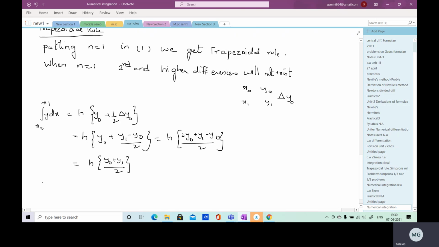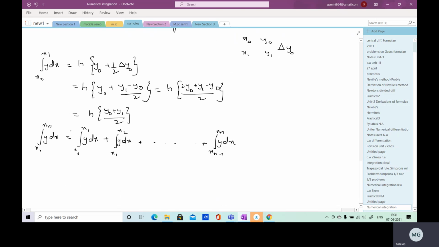Then next, what I will do, I will write x0 to xn y dx as the sum of integrations in the subintervals x0 to x1, and so on. This will ensure our error is less. Now, what will this be equal to?